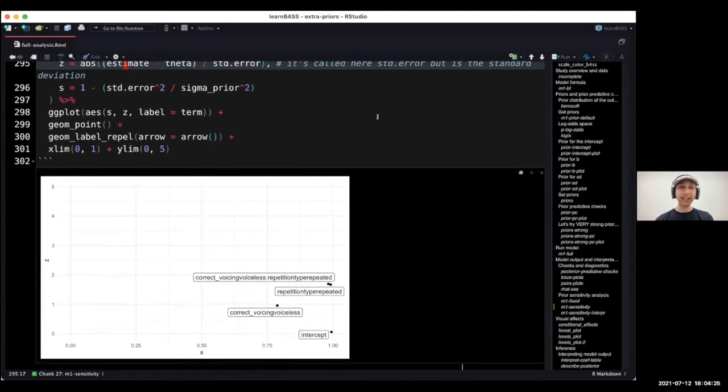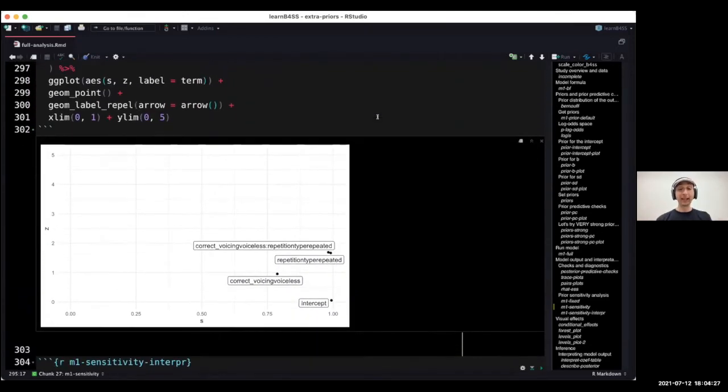I spoiled it. Anyway, so you have S, which is the posterior shrinkage, on the x-axis, and you want that to be as high as possible. And then you have Z on the y-axis, and you want it to be as low as possible. For each parameter of the fixed effects, you basically get a point for a specific S value and a specific Z value.